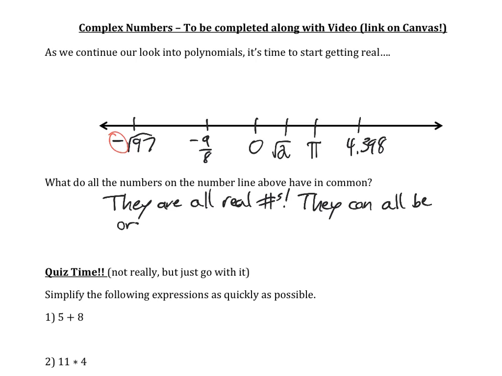Again, that seems really obvious, but it makes sense. We have a way to order them from smallest to largest. If we can fit it on a number line, if we know where it fits in relationship to other numbers, it's a real number, okay?